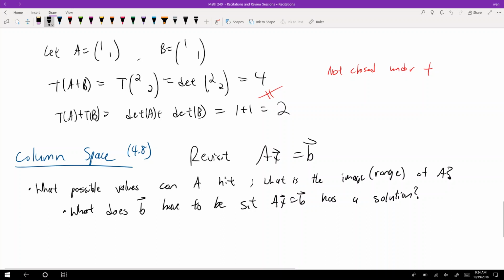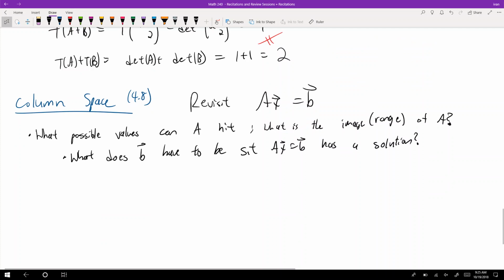Or what values of B make it such that AX equals B has a solution for some X? Those are equivalent questions. And the answer to all these really lies in the column space of A.